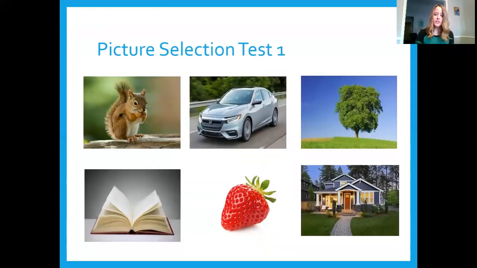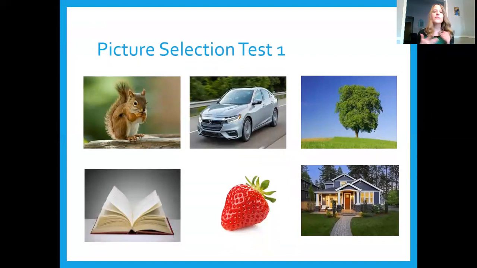When we look at the first, this idea of monitoring and updating information within working memory, we can see this play out in tasks such as this. In this particular task, you have 6 pictures. With each trial, you are asked to select a different picture, one that you have not selected on a previous trial.